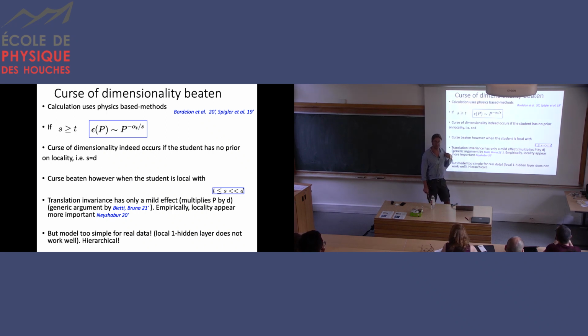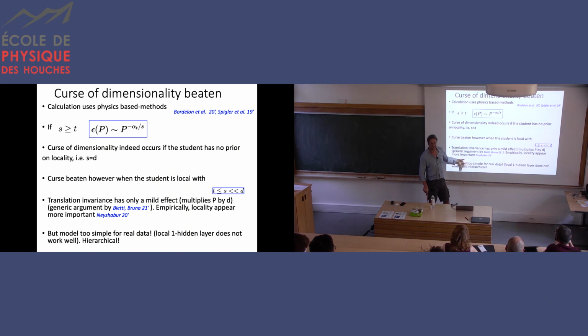So what we recover in a simple model like that seems to connect to what's found empirically. For example, there is this study where they looked at a CNN acting on images, and they removed weight sharing, so they killed translation invariance, and it doesn't change performance much. But if you make the filters much larger, you completely lose performance. So that's also what you would see in a simple model like that.